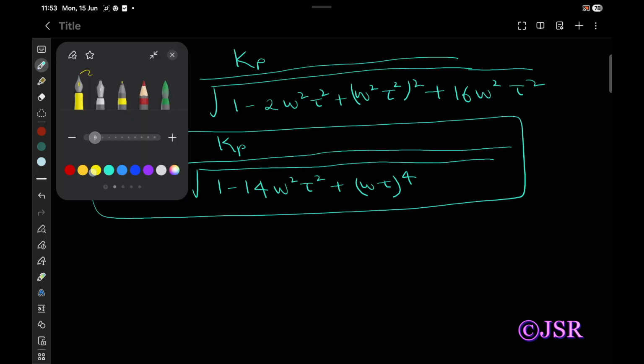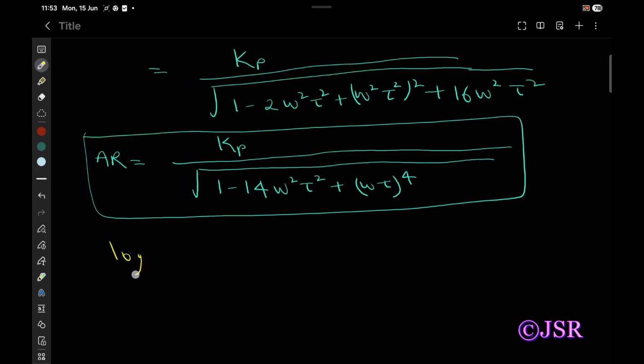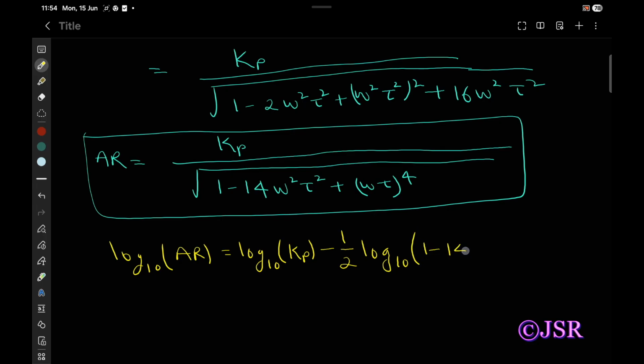So now taking the log 10, log 10 AR will be equal to log 10 Kp minus half log 10 of 1 minus 14 omega square tau square plus omega tau to the power 4.